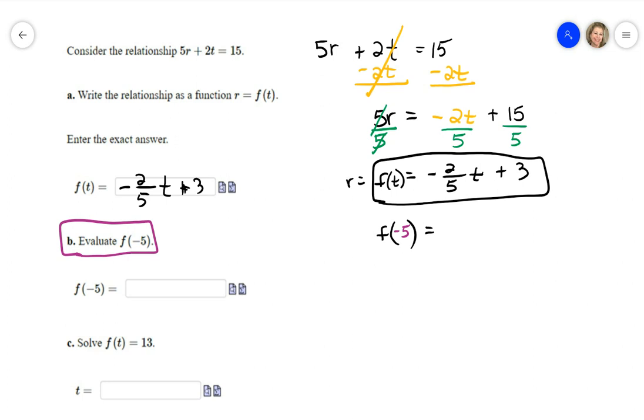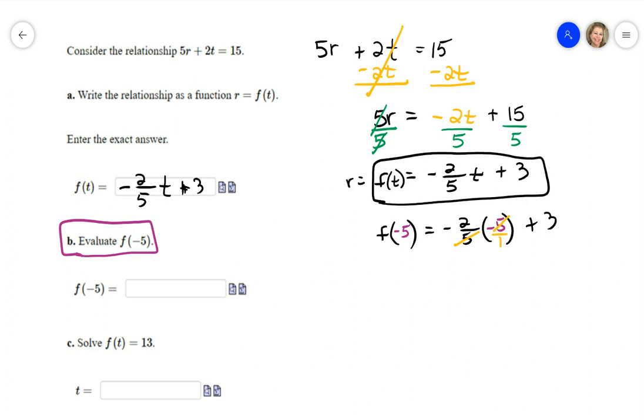So this is going to be negative 2/5 times t, which is negative 5, plus 3. Now, the nice thing on this is that the 5's cross cancel, because this is like 5 over 1. The 5's just cross cancel out.